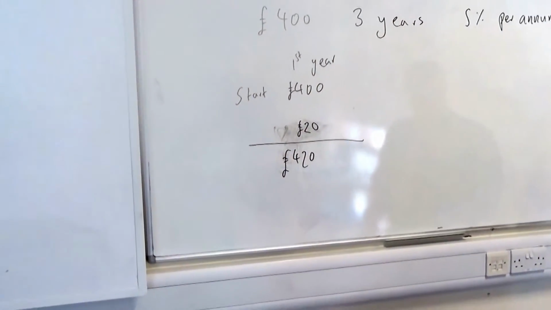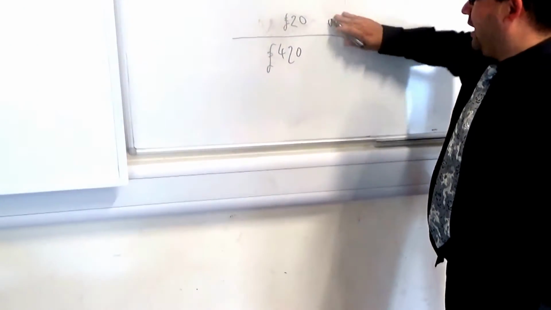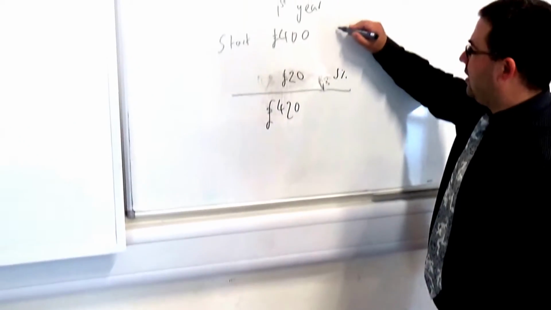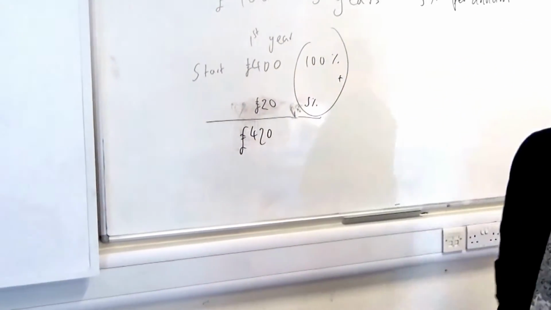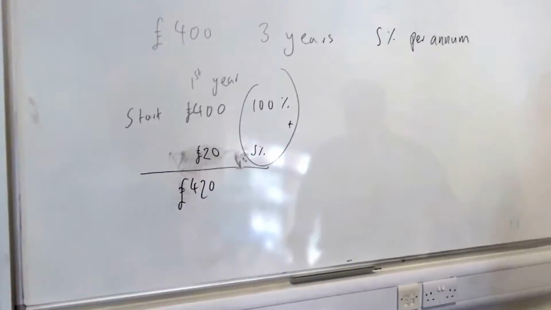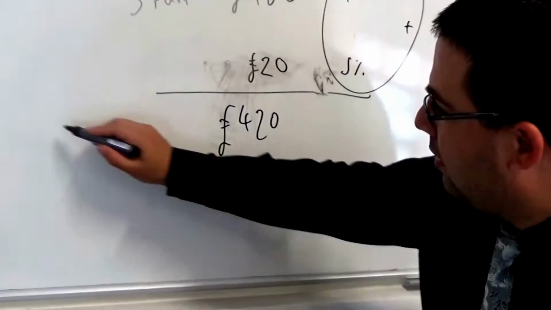Because 10% is 40, half it, 5% is 20, and you add it on to the 100% to get the 5% increase. That makes sense. And that is at the end of the first year.